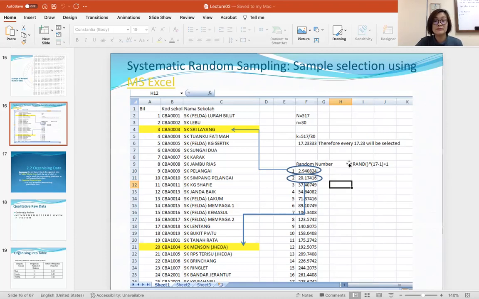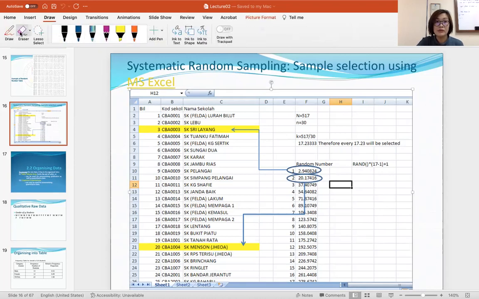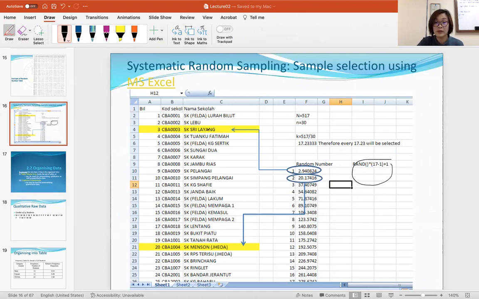So first I use this code, random, and I can see 2.9, and rounding up, number 3 will be the first one. Then from there, every 18th will be the next candidate selected. Try this in Excel and let me know, do you manage to do that, okay?